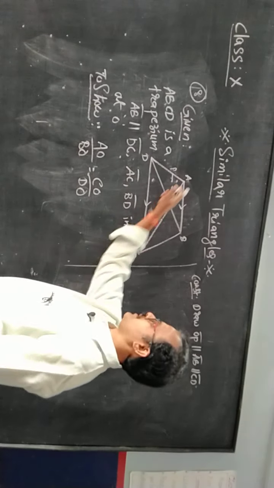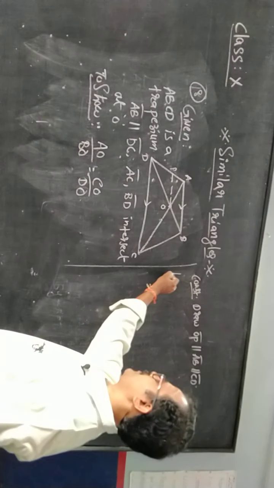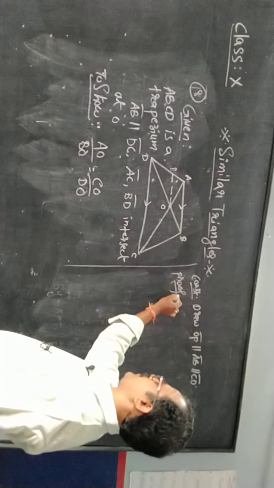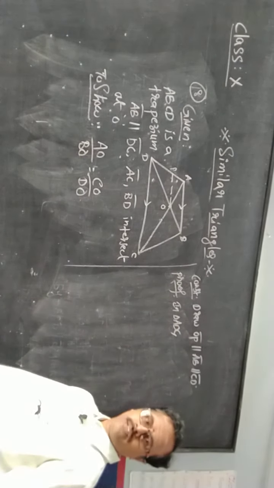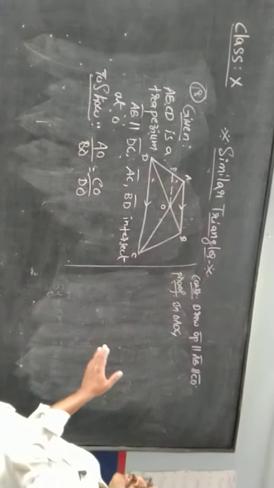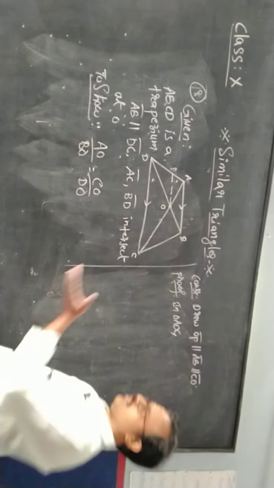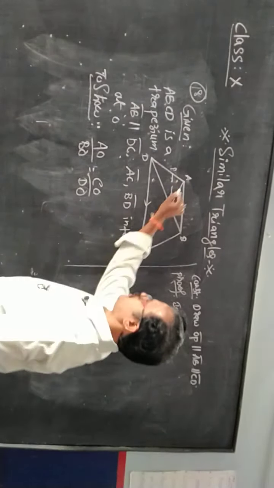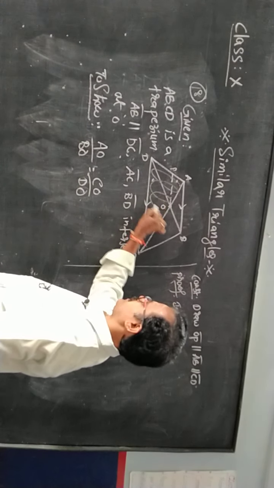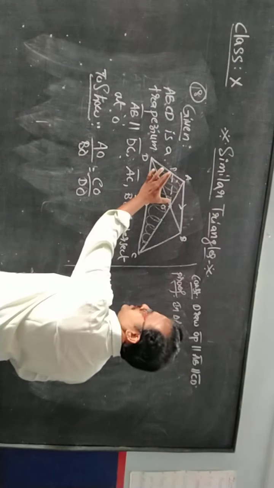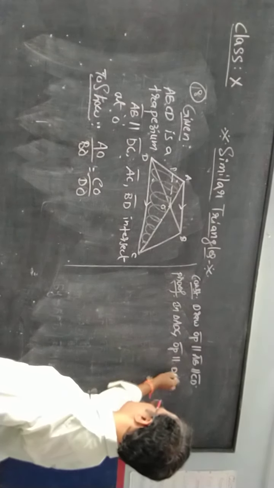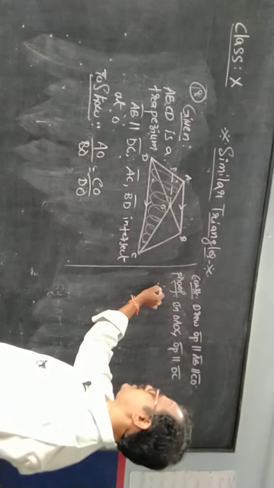Right. Now taking OP as parallel, take the triangle ADC. Coming to the proof, in triangle ADC, now tell me, what is parallel to whom? Very good. Now in this triangle, you can see that OP is parallel to DC. OP line segment is parallel to DC line segment.